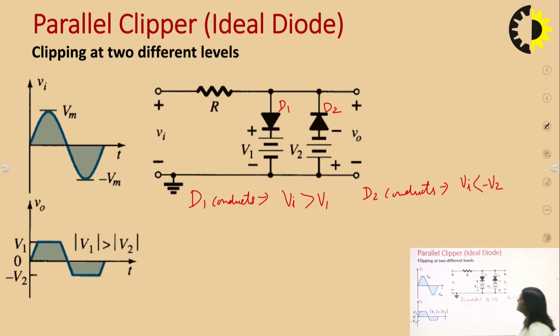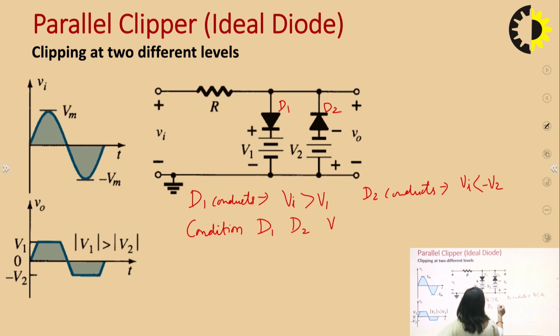Now when D1 conducts, this diode D1 will be short but D2 will be open. In that case output will be equal to V1. When D2 conducts, D1 will remain open, and in that case output will be equal to minus V2. So we will write the condition table: D1, D2, output.